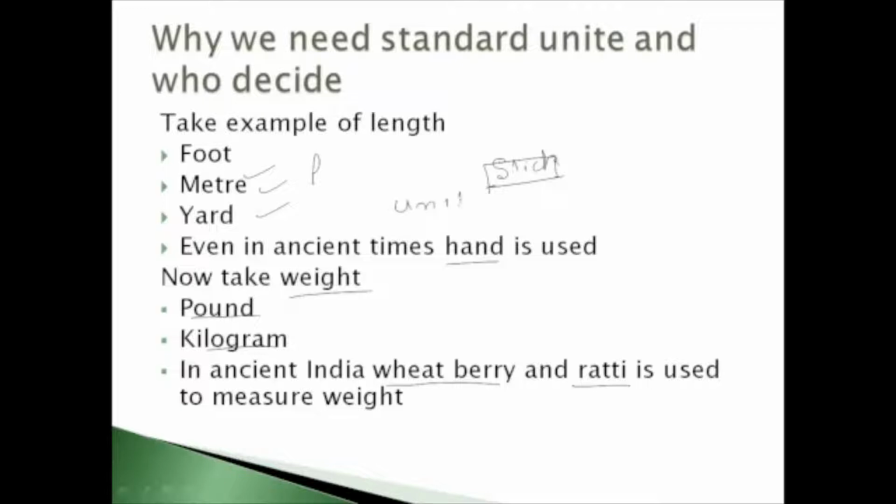Units are unique names given to measures of these physical quantities.